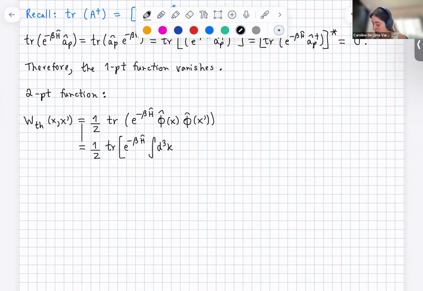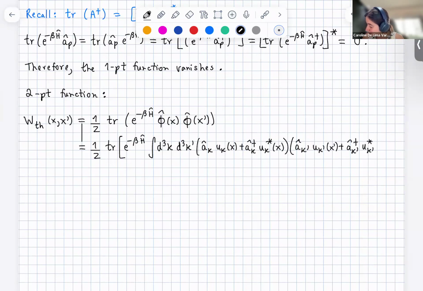So d3k prime, and I'll have again this annihilation operator times u_k of x plus the creation operator with u_k star of x, times a_k prime with u_k prime of x prime plus a_k prime dagger u_k prime star of x prime. Okay.